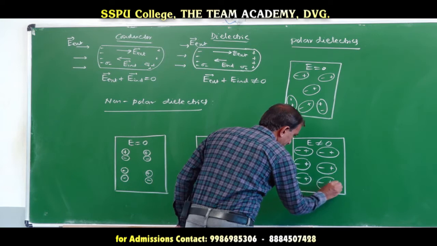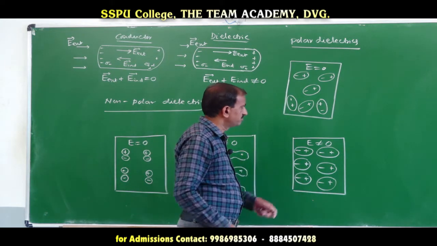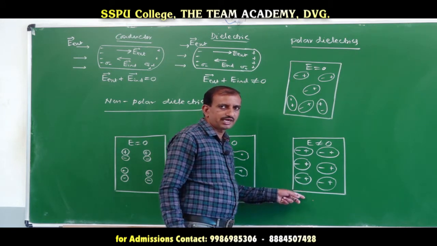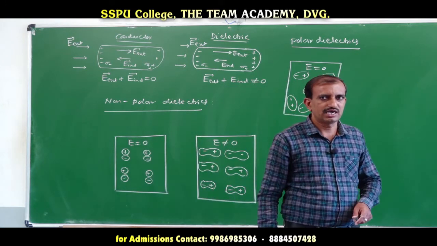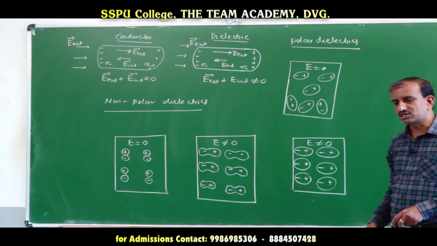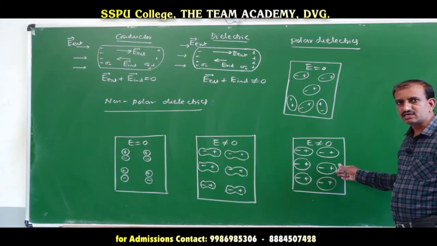The degree of alignment depends on the nature of the dielectric slab. This process of alignment of dipoles, whether polar dielectric molecules or non-polar dielectric molecules, in the direction of the applied electric field is called dielectric polarization.